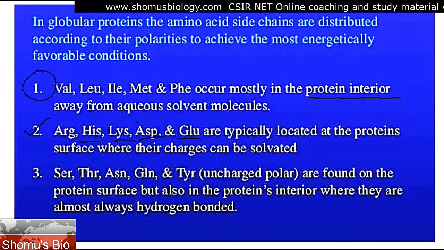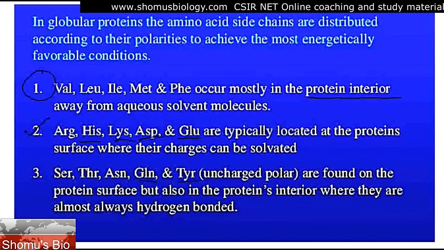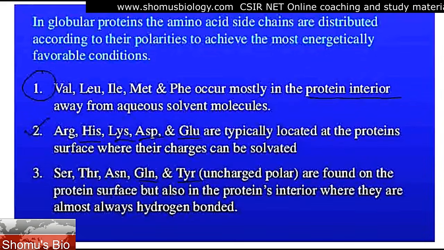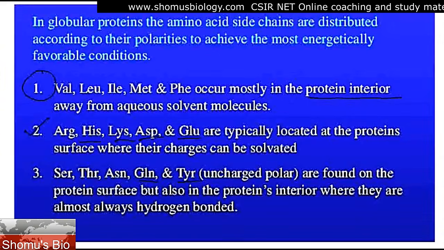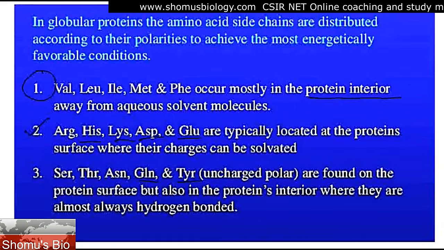And then serine, threonine, asparagine, glutamine, tyrosine are found on the protein surface, but also in the protein's interior, because they are involved in hydrogen bonding.